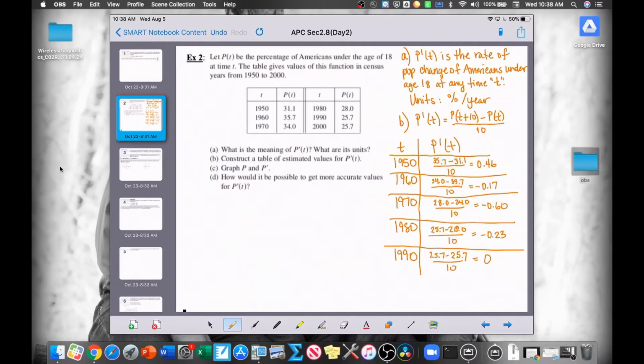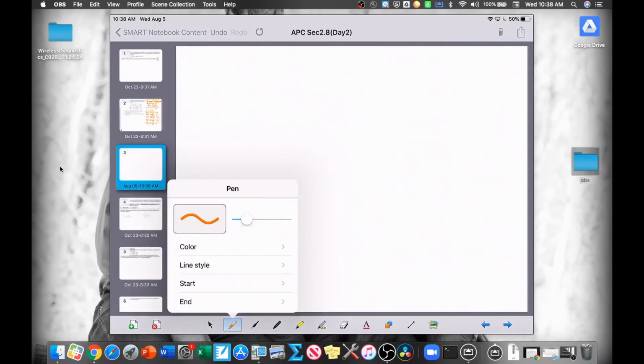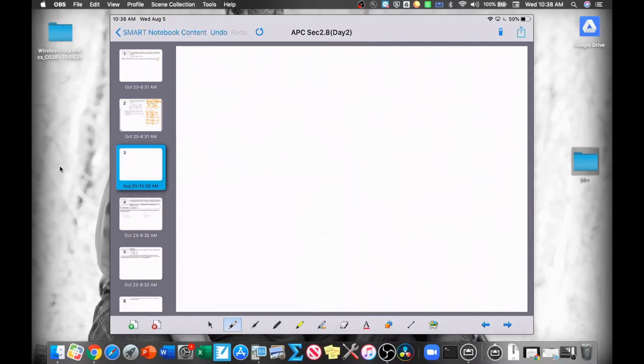Part C asks us to graph P and P prime. So I'm going to create a coordinate plane here, and both of my graphs are going to live either in the first quadrant or in the fourth quadrant. I'm going to use some, I don't want to call them cheating techniques, but in a way they kind of are.